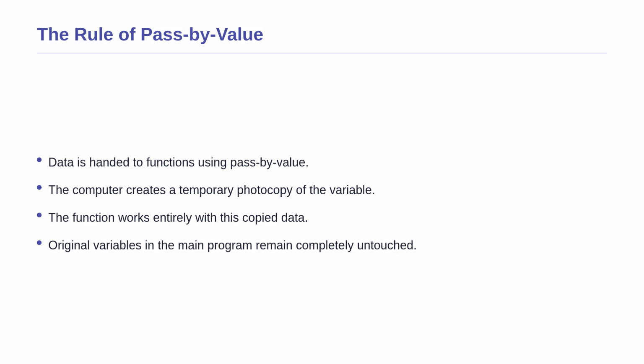This means the function is working entirely with copied data. If the function modifies, deletes, or changes this copied value, the original variable back in the main program remains completely untouched and safe. Think of it like giving a friend a photocopy of your favorite recipe. If they spill coffee on it, your original book is safe.